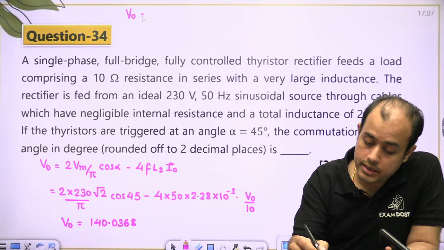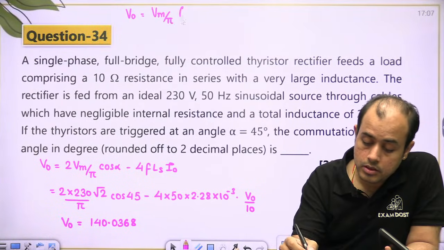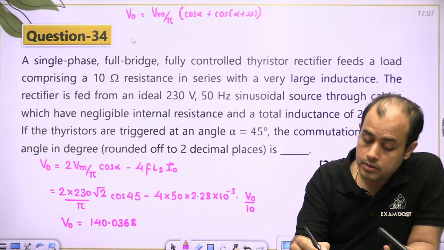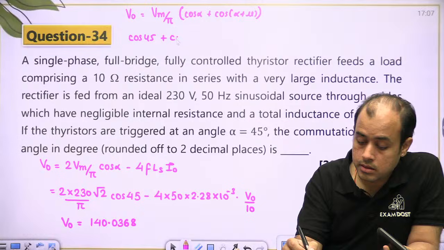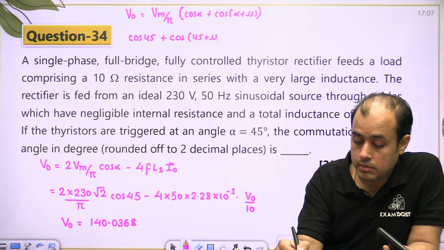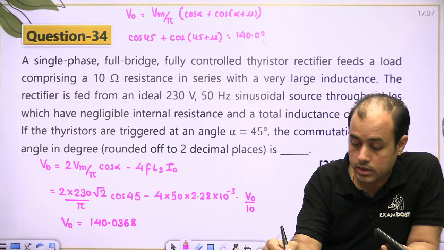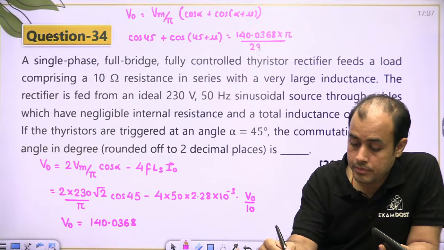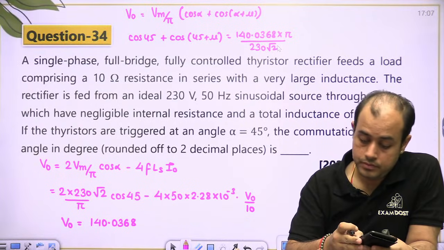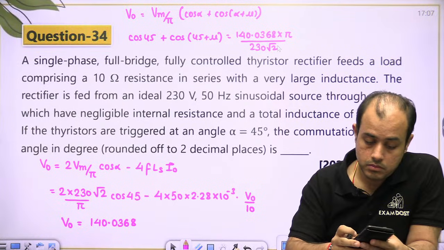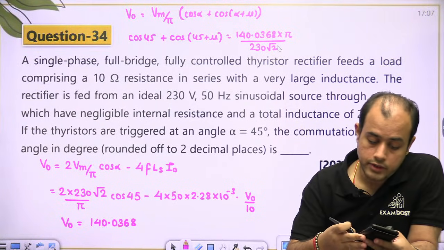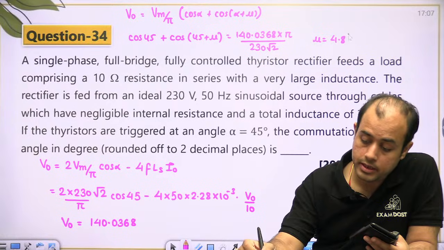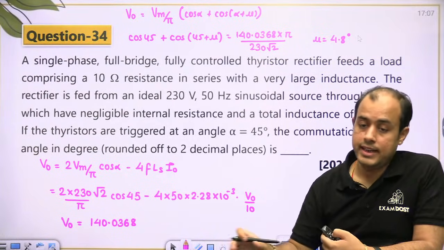Now V naught can be written as Vm by pi cos alpha, so that means cos 45 minus... V naught is 140.0368 into pi by Vm, 230 root 2, minus cos 45, cos inverse is 4.8 degree. Yes, 4.8 degree. Very good, Subhadeep.